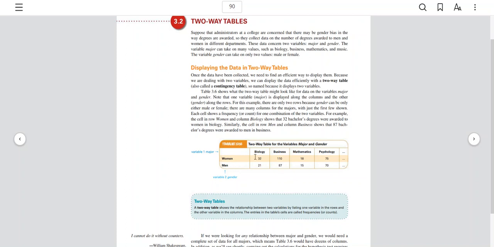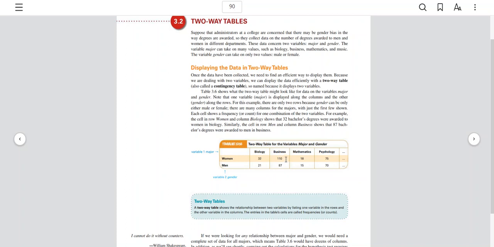We take biology, we have a total of 43 people taking biology, but we can break it down further: 32 of those are women and 21 of those are men. So the 53 total, right? 32 and 21. Okay. So same for business.